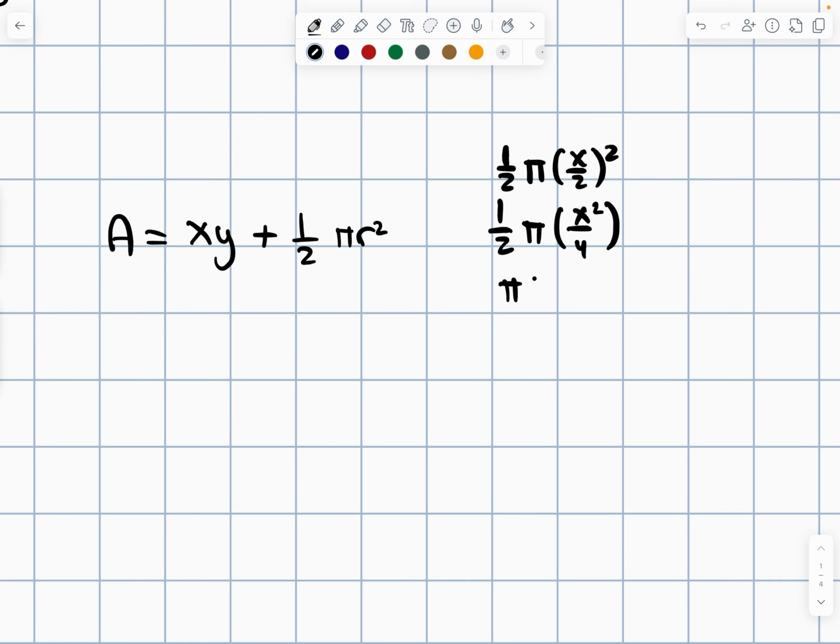So now we're going to end up with this. I'll just clean it up and write it like this, so it looks a little bit easier to read. That's our semicircle area. Now we're going to input that back into this. So area is equal to xy plus pi x squared divided by 8.